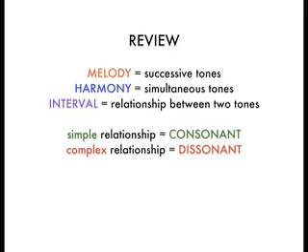So, to review, melody refers to tones strung together successively. Harmony refers to tones combined simultaneously. An interval is a relationship between two tones. If the relationship is simple, we call it consonant. If it is complex, we call it dissonant.